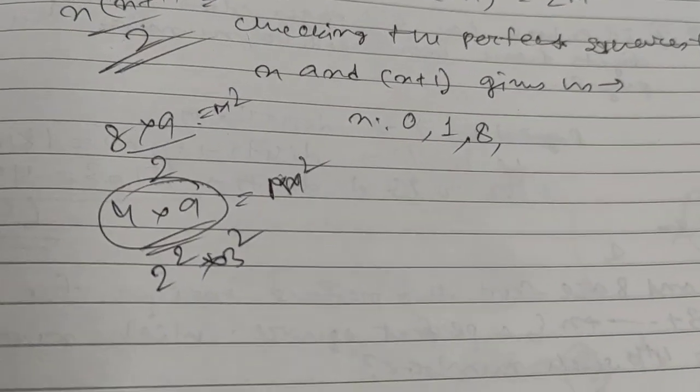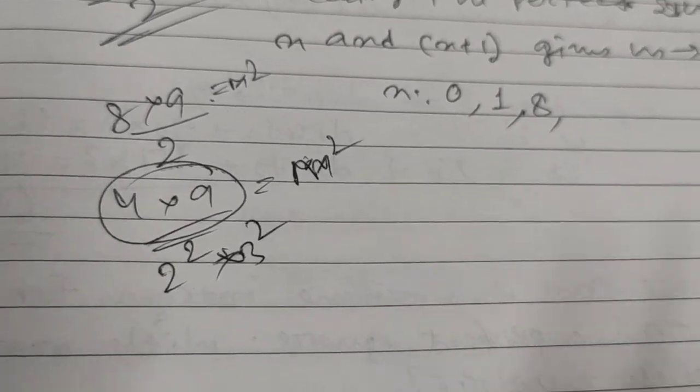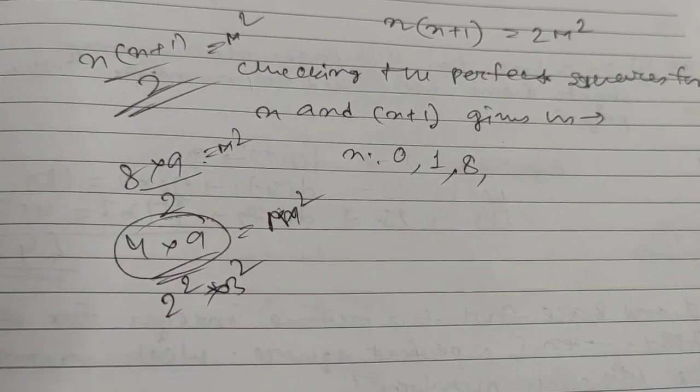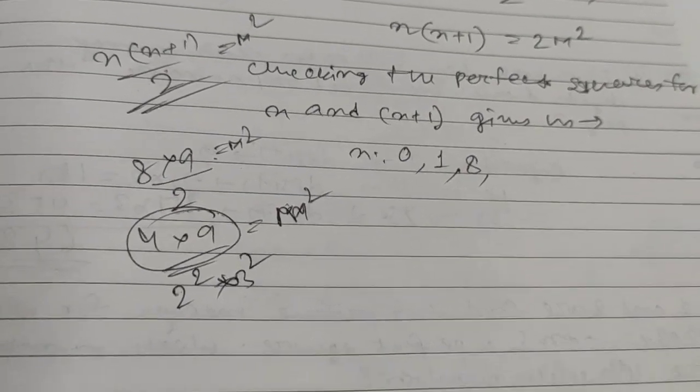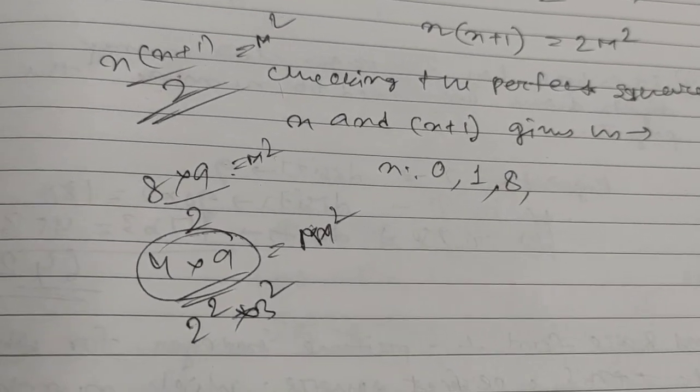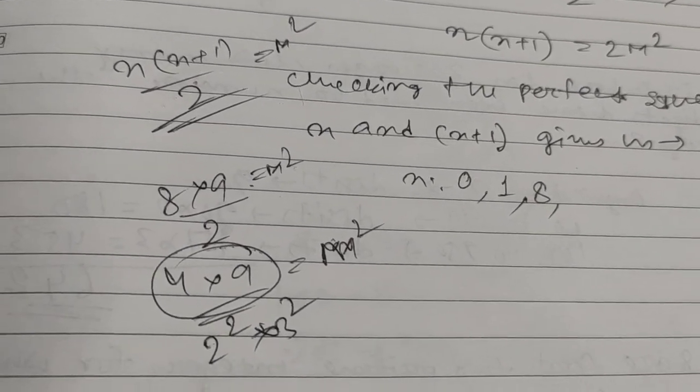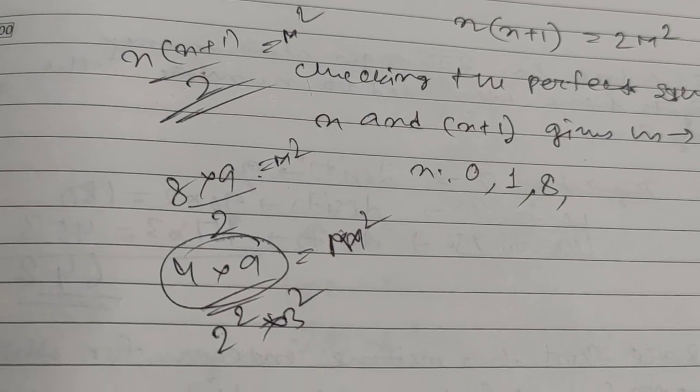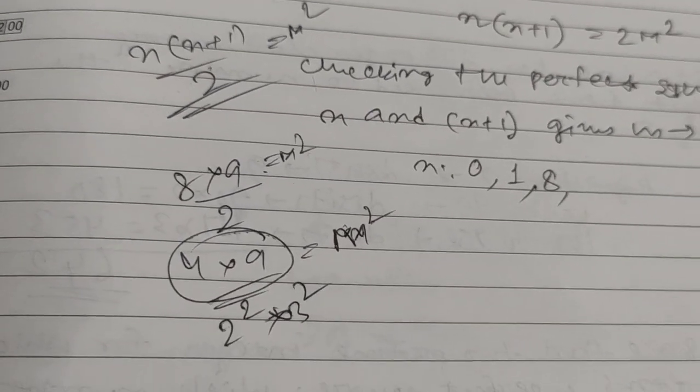What will be the next one? As twice a perfect square will be even, the other square will be odd, right? So what are the odd squares?